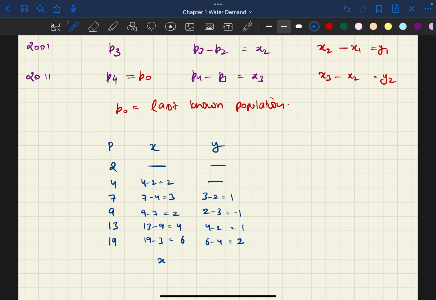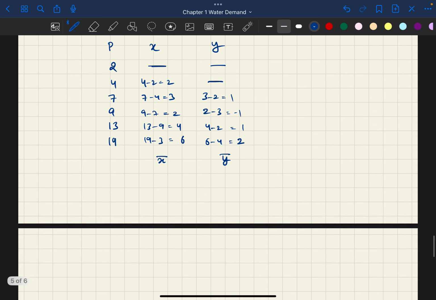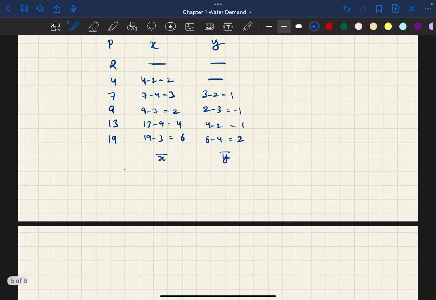So x bar we will calculate, and from here y bar we are going to calculate. x bar is equal to 2 plus 3 plus 2 plus 4 plus 6 divided by 5. y bar will be equal to 1 plus minus 1 plus 1 plus 2 divided by 4. This is equal to 0.75.